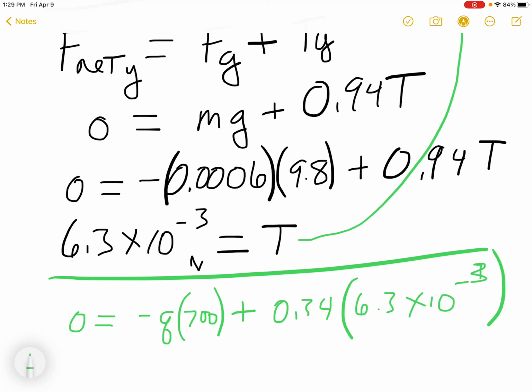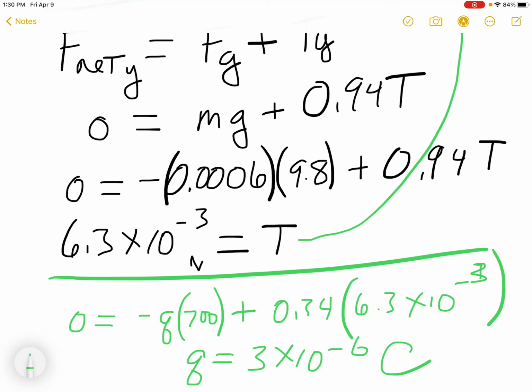I do my math, I multiply a little bit and divide and work everything out, and what I should get is a Q here that works out to 3 times 10 to the negative 6. And that would be coulombs. Don't forget your units. And that is the answer. 3.1 is what they have there, but 3 times 10 to the negative 6 is good.